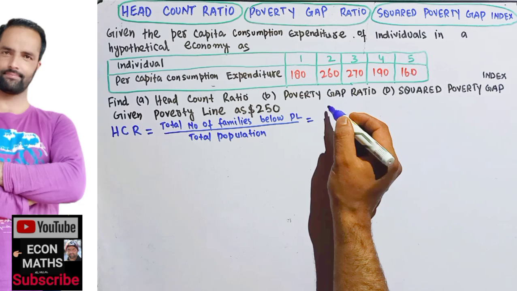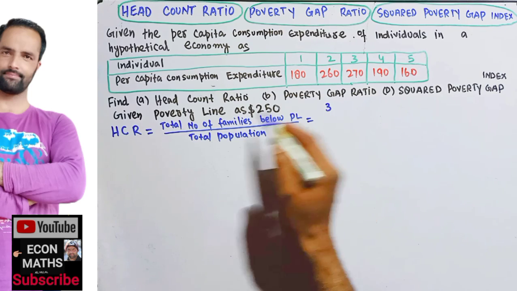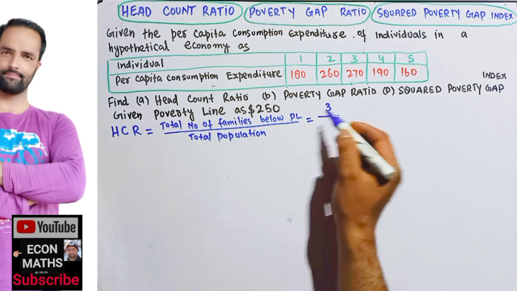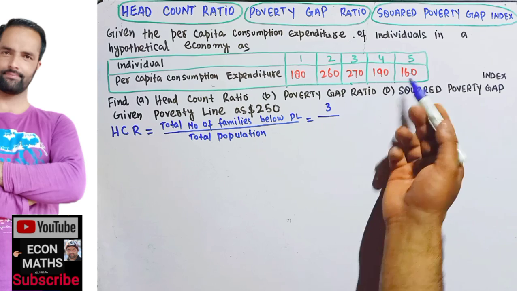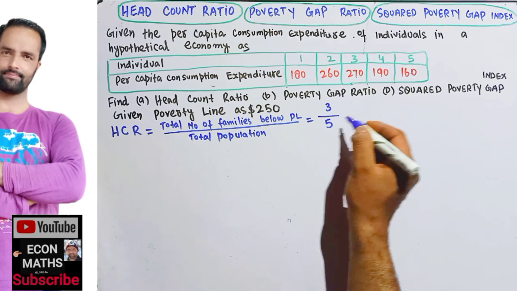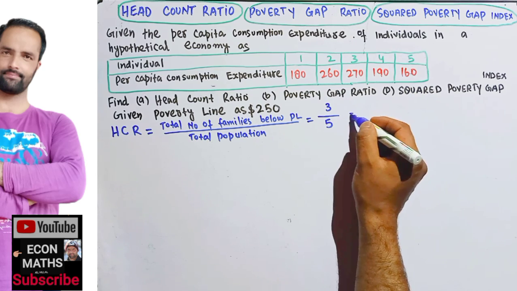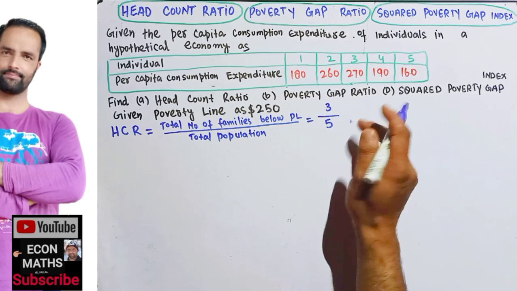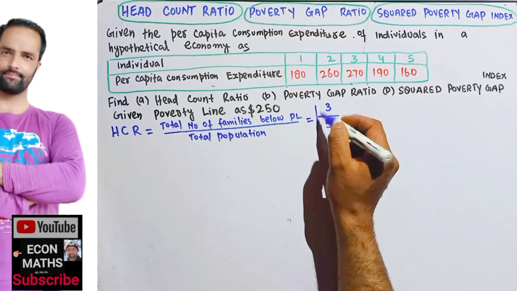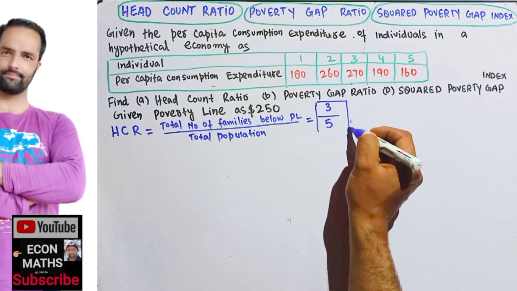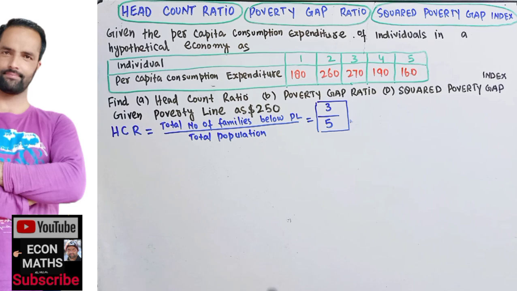So we have three individuals below the poverty line divided by the total population, which is equal to 5. When you calculate it, you can convert it into decimals. So it is 3 upon 5 that will be the headcount ratio.